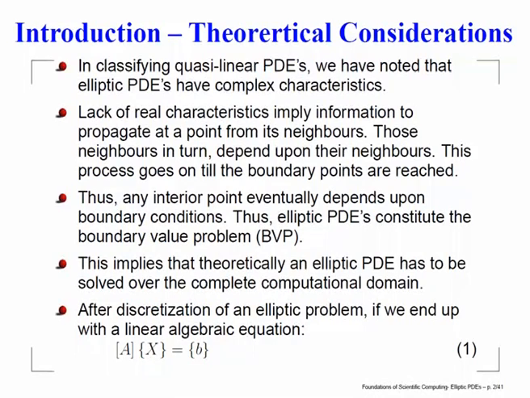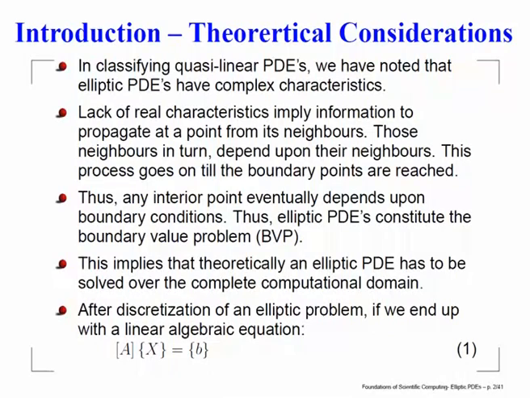So, this sort of feature that you do not have a specific preferred direction makes it omnidirectional, right. So, every point is affected by every other point in its neighborhood, and those points are eventually influenced by their neighborhood, and in the end you hit the boundary. That is why these are called boundary value problems, because everything is in the end determined by the boundary conditions and nothing else. Okay. That is what we have written here.